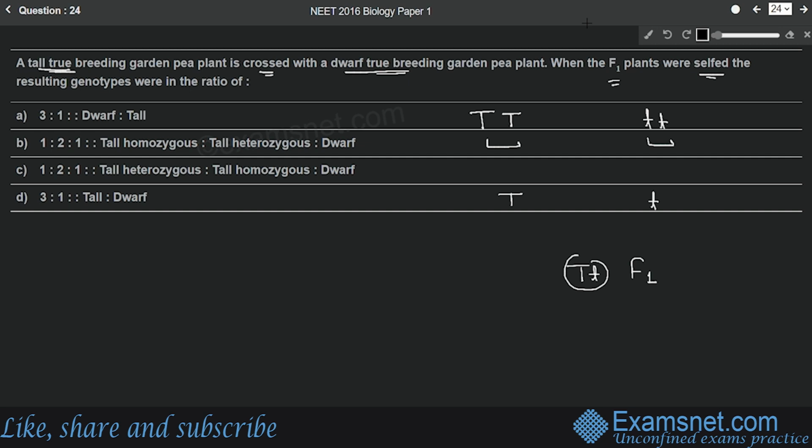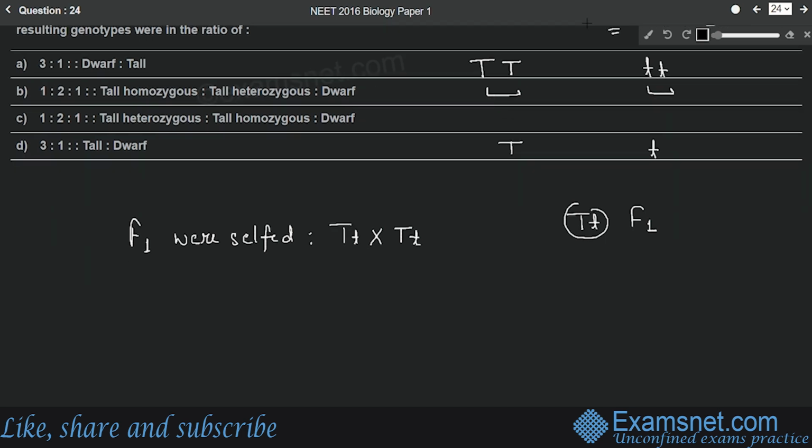Now the F1 plants were selfed. That means F1 was crossed with another F1. It means that capital T small t was crossed with another capital T small t. So what will be the genotype of the resulting F2 generation? Okay, so let's see, capital T small t, capital T small t.